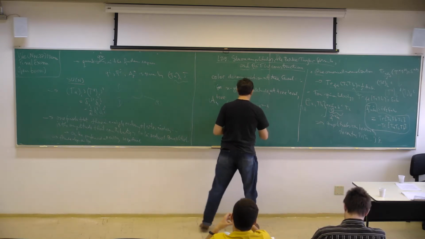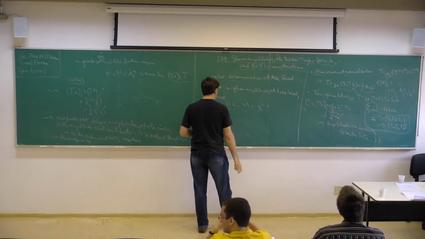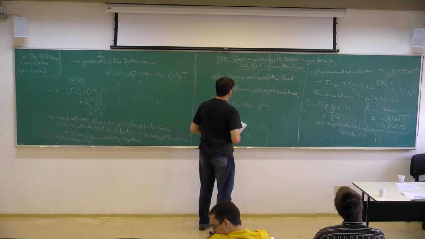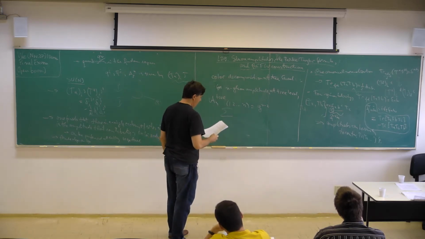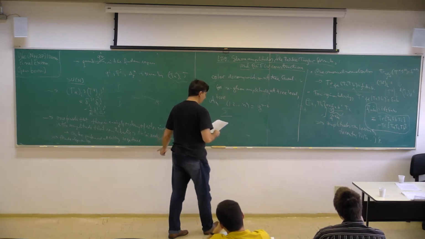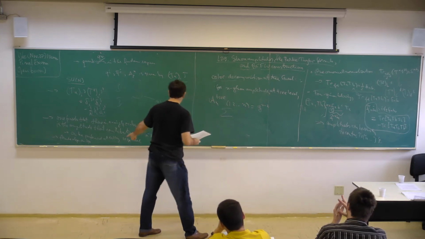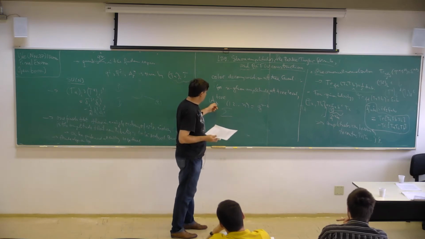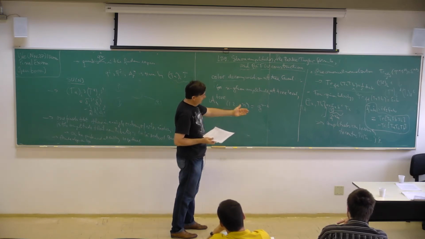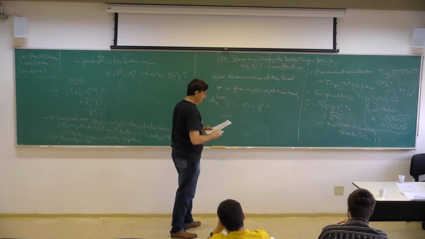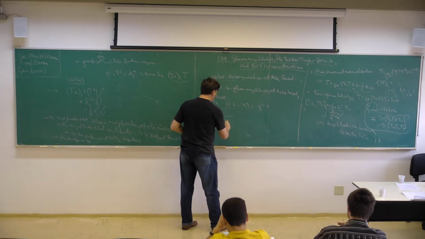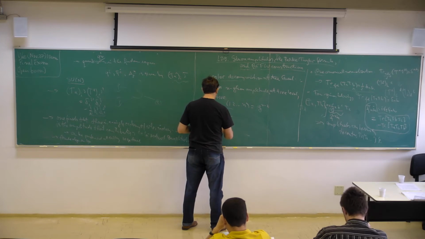It's usually put outside. And then, as I said, only the color ordered amplitude is relevant. But to construct a full amplitude, we take the color ordered amplitude, multiply with traces, and make permutations. So sum over permutations sigma.